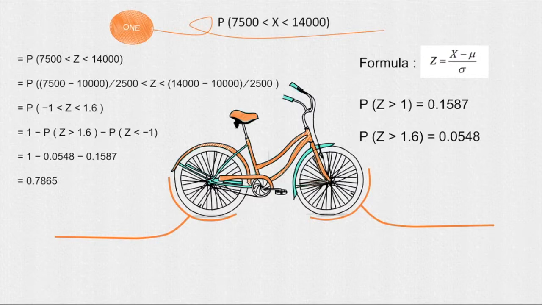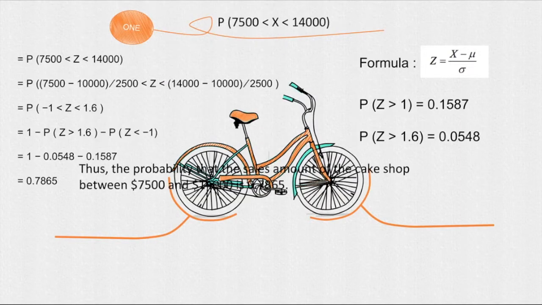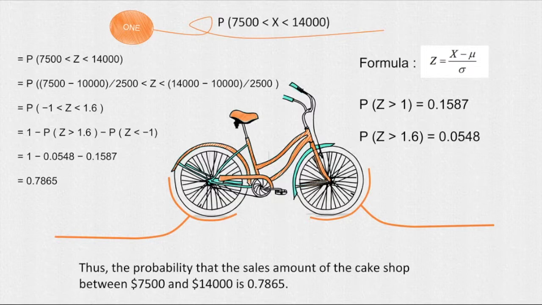So, we have to subtract the area of Z larger than 1.6 and the area of Z smaller than -1, which is 1 minus 0.0548 minus 0.1587, and we find the answer is 0.7865. So, the probability that the sales amount of the cake shop is between $7,500 and $14,000 is 0.7865.